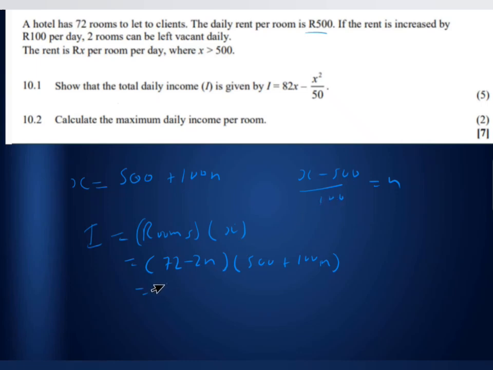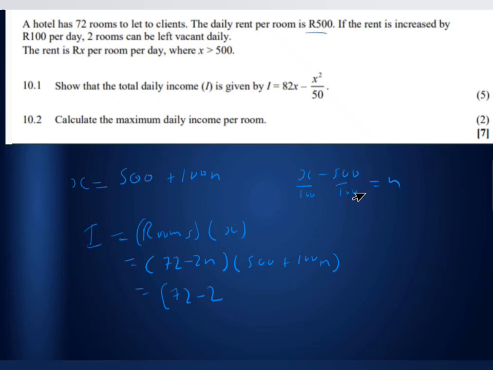So let's do that. So then this is going to be 72 minus 2. Let's just break this down. Instead of dividing everything by 100, we can actually divide each term by 100, whenever you've got many terms.